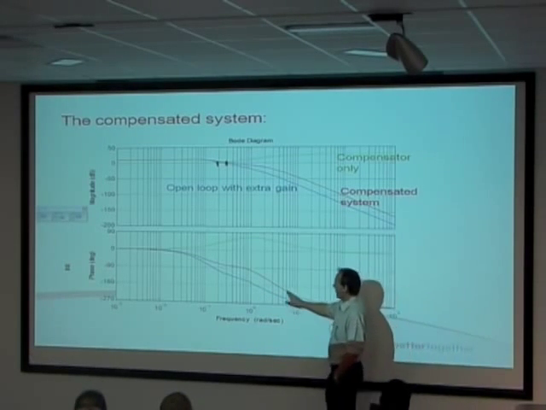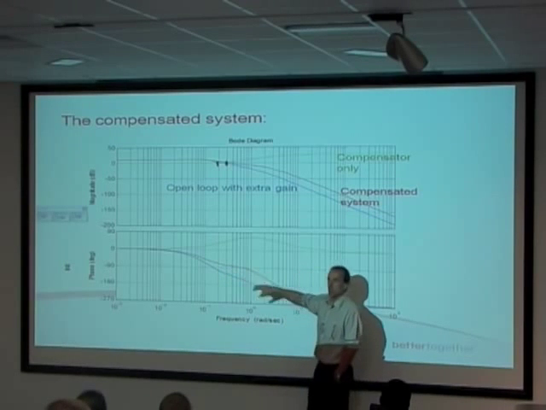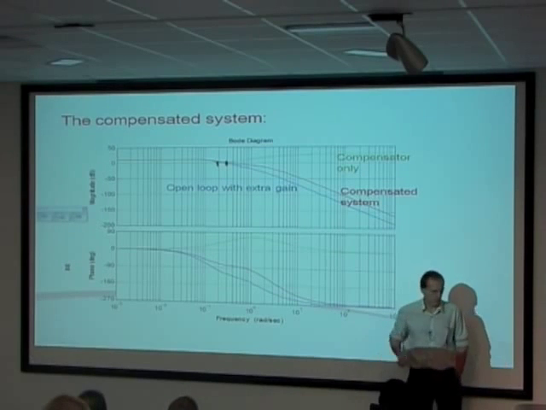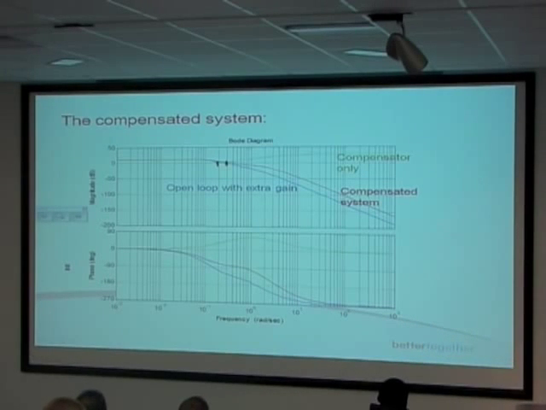Thankfully, the effect of this bump on the phase is greater. So the fact that we've moved up by a reasonable amount of frequency to the right is more than compensated for by, that's the blue one, wasn't it?